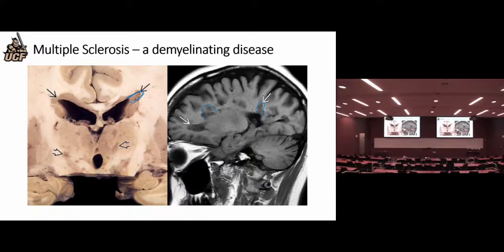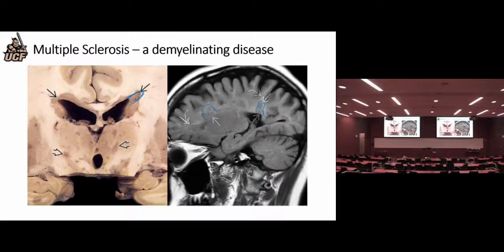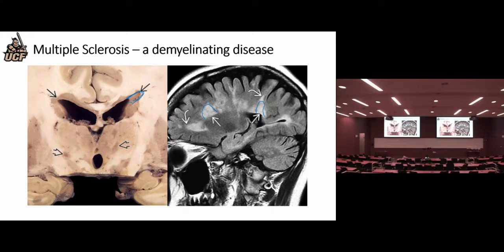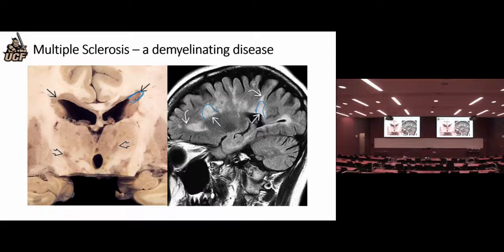More MS, maybe the same slide. Here's demyelination on the corners around the ventricle. And on the MRI scan, you can see the demyelination. And now you see the difference between two different techniques. Here you see the flare brings it out better.